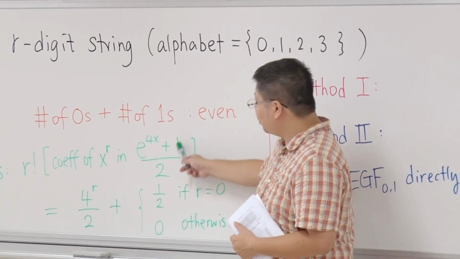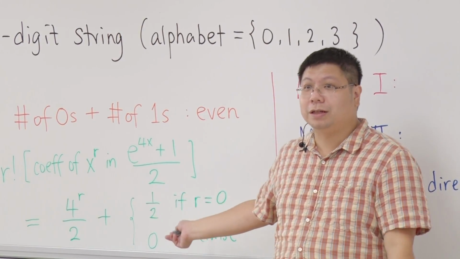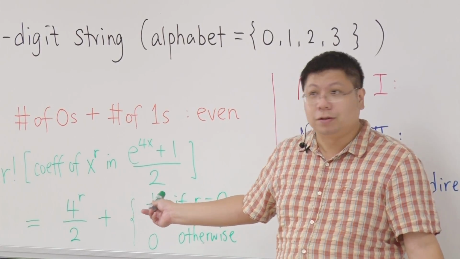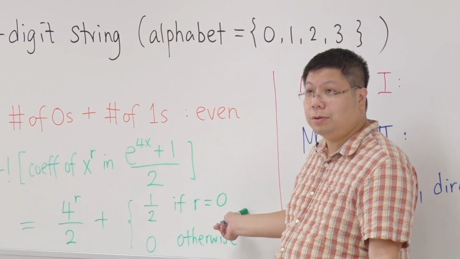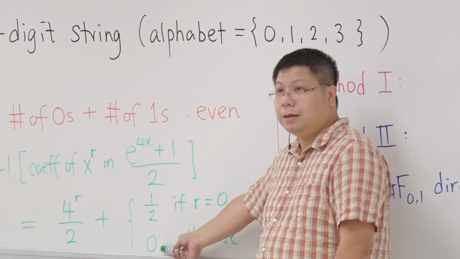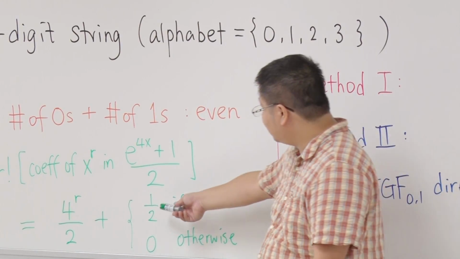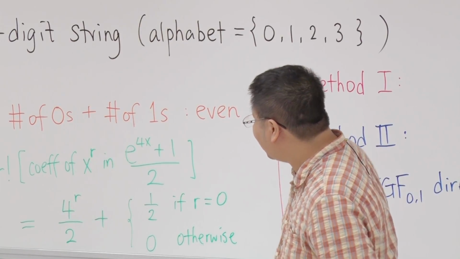Yeah, because for this function, 1/2, you just have 1/2 when you look at the constant term. But you don't have x term, you don't have x squared term, and so on and so forth. So for general r, that is r equals to 1, r equals to 2, you should not add anything. But on the other hand, if r is equal to 0, then you should have a 1/2 here. Does that make sense? Yeah, let's try.